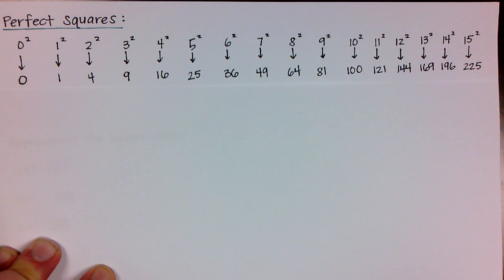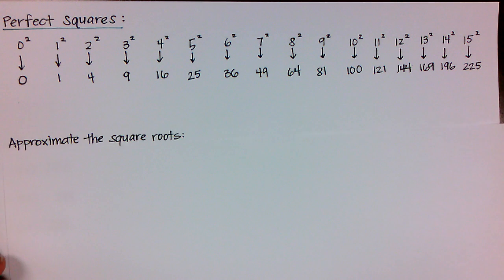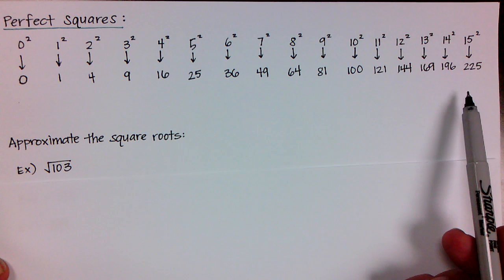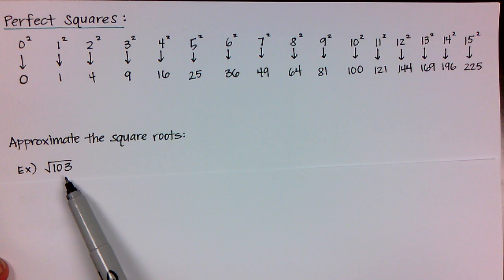So these are called perfect squares, all right? So if you're being asked a question, what is the square root of 100? It would be 10, okay? But sometimes you might be asked, what is the square root of a certain number, and it is not one of these special scenarios up here. Like for instance, what's the square root of 103?